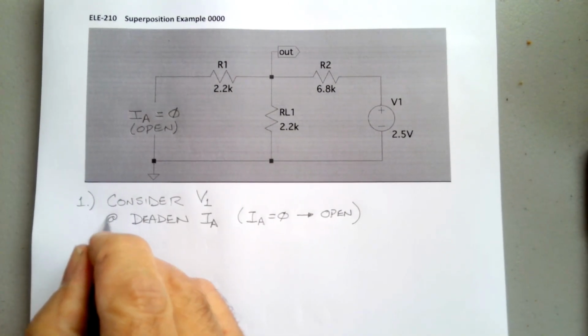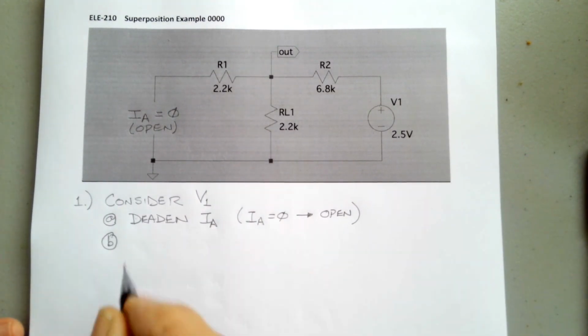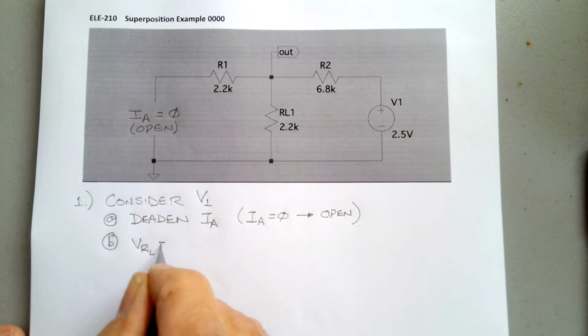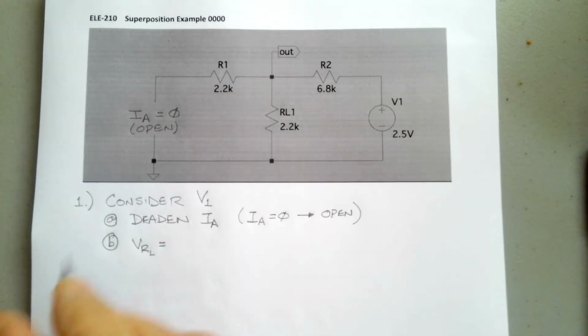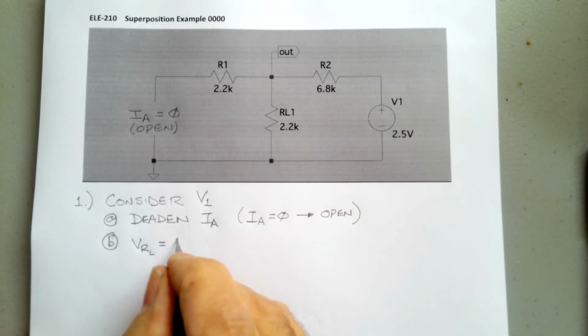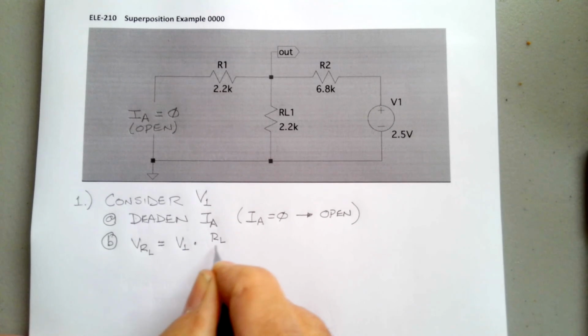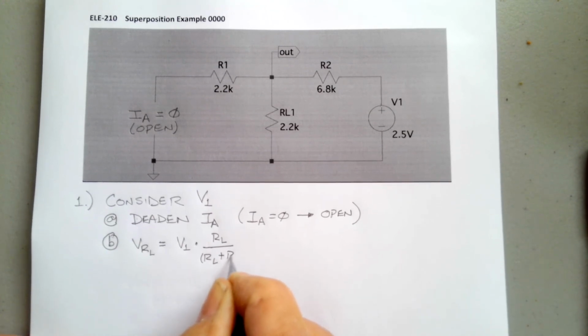So step A, we did that, and step B, we can say VRL is equal to, and the voltage divider rule would go something like V1 times RL over RL plus R2.